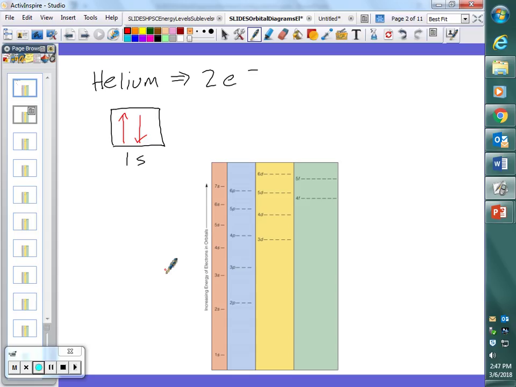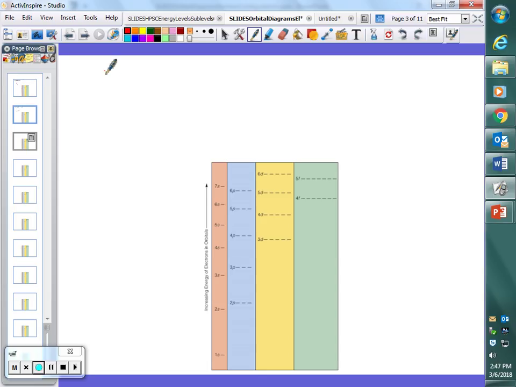Okay. Next one that shows up, I believe, on the sheet is lithium, yes? Lithium, how many electrons does lithium have? 3, because its atomic number is 3. The Aufbau principle says that orbitals get filled from lowest energy to highest energy.